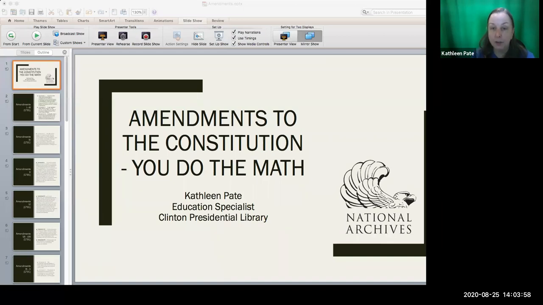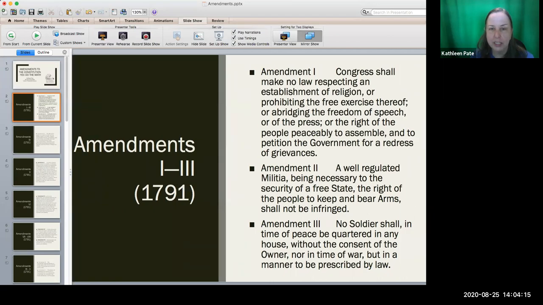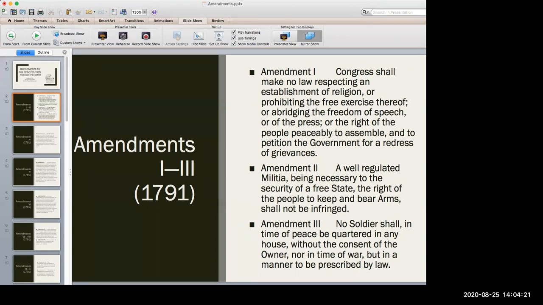We're going to talk about those, and I've grouped them together because I want to first think about 1 through 3. Now, Teresa, I want to make sure my slide is not cutting off. Can you see all of that language for the first 3 amendments? Yes, I can. Excellent.